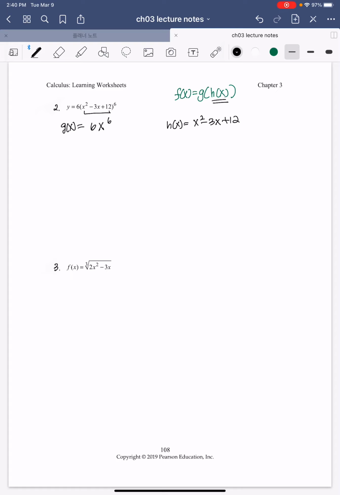So that's good. Now let's take the derivative. g prime of x is, you bring down the 6, so 36x to the 5th. h prime of x, this is just term by term, so 2x minus 3.